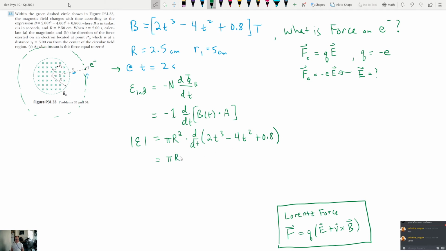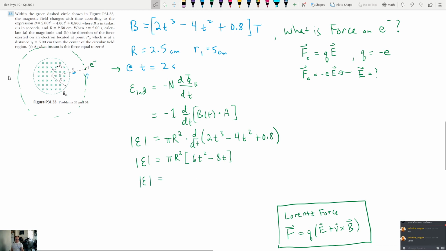Let's plug in the values at the end. Okay, the derivative of this, what is it? 6t squared minus 8t. So our induced EMF is equal to this.